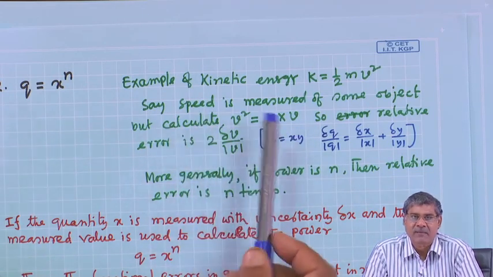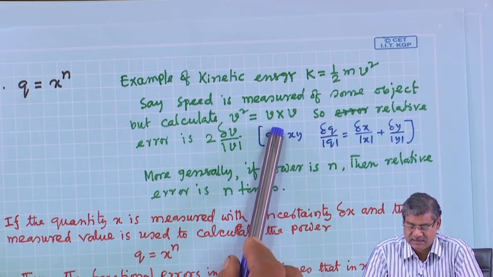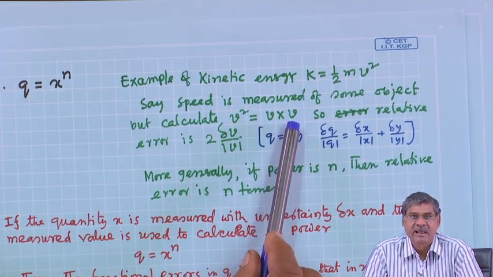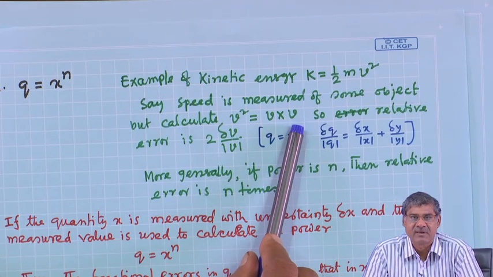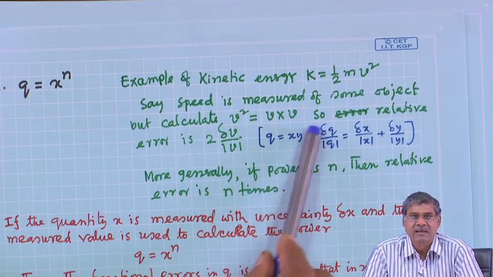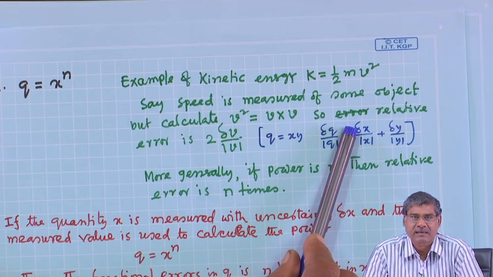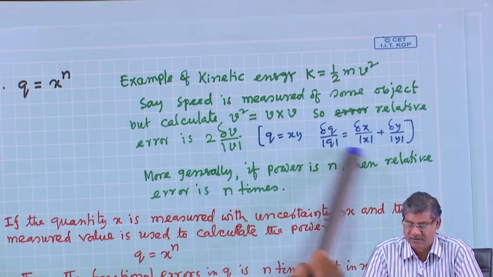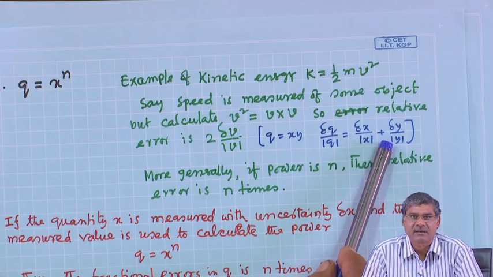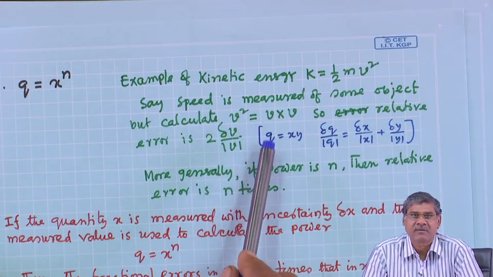But the rule will be applied on this. So, obviously, the relative error will be del v by v plus del v by v, the summation of the relative errors. So, that will be 2 del v by v.